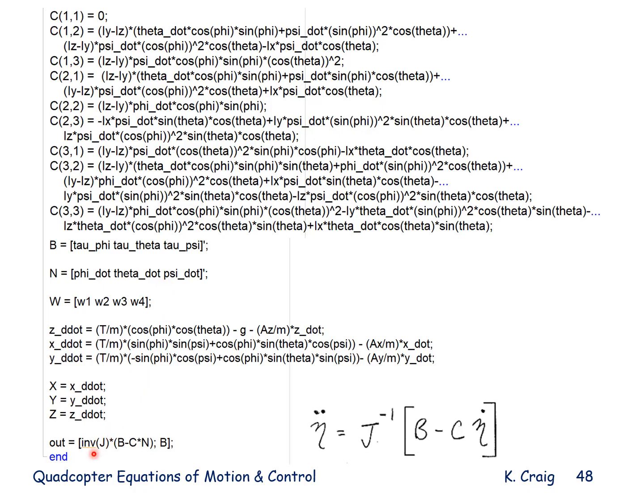So here the output is the inverse of the J matrix times the matrix B minus C times N.